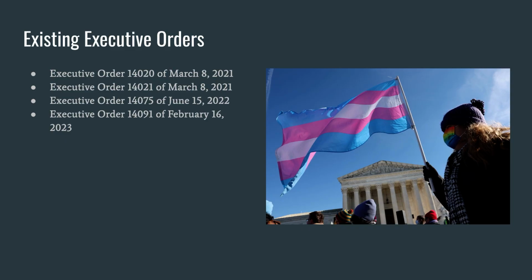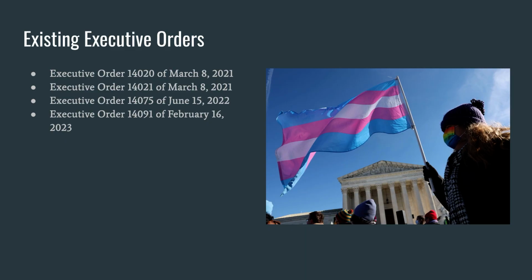Executive Order 14021 of March 8, 2021, guaranteeing an educational environment free from discrimination on the basis of sex, including sexual orientation or gender identity, ensured the regulations implementing Title IX of the Education Amendments of 1972 reversed Trump-era changes that made it harder for survivors of sexual violence to be supported at schools and added sexual orientation and gender identity as protected characteristics.